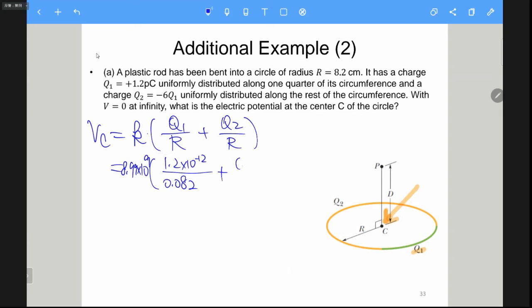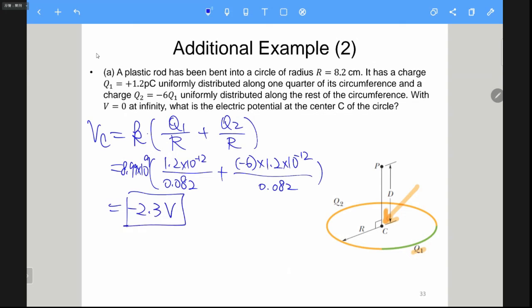So -6 times 1.2 times 10 to minus 12 all over 0.082. Okay, so this is minus 2.3 volts. Yeah, because there's a net negative charge here, so the electric potential here will be negative.